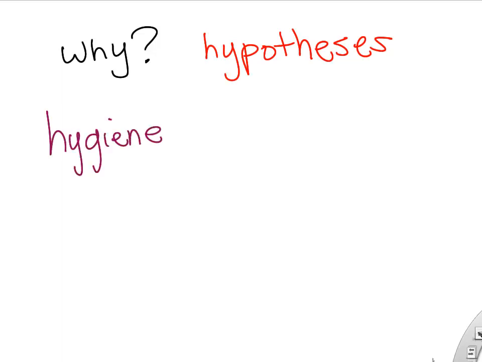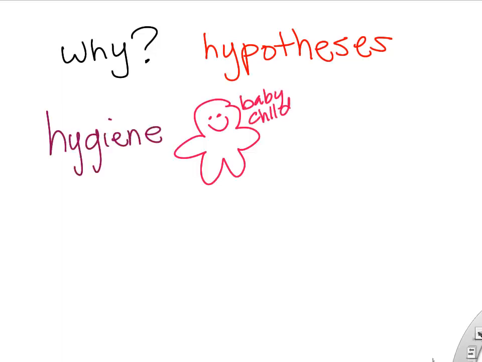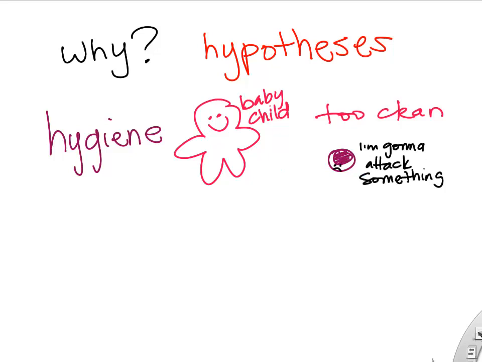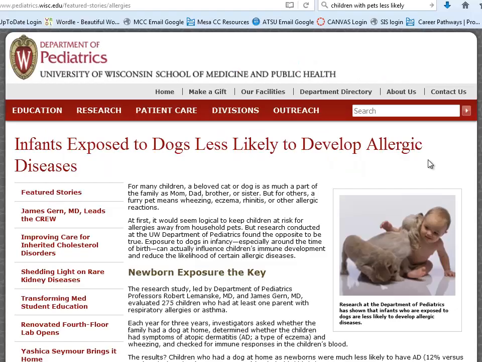Well, one of the ideas for allergies, including food allergy and even asthma, is the hygiene hypothesis, which basically says that when we're growing up, everything's too clean and too sterile, and our immune system doesn't have anything to attack, and our immune system learns not to be very tolerant. Our immune system basically reacts to everything.